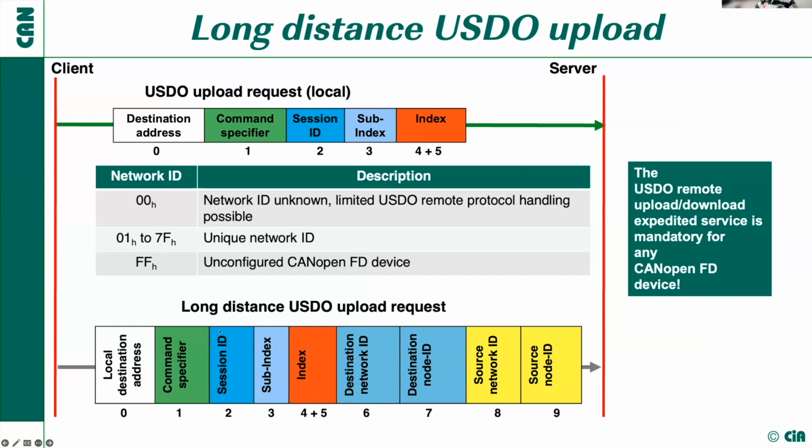With the long distance routing, I would say in which network and there at which node ID I reside, and who is the destination for this information, for this request. So as long as I have some knowledge about the topology and the network and node ID assignment, I can reach any device connected to this entire architecture.